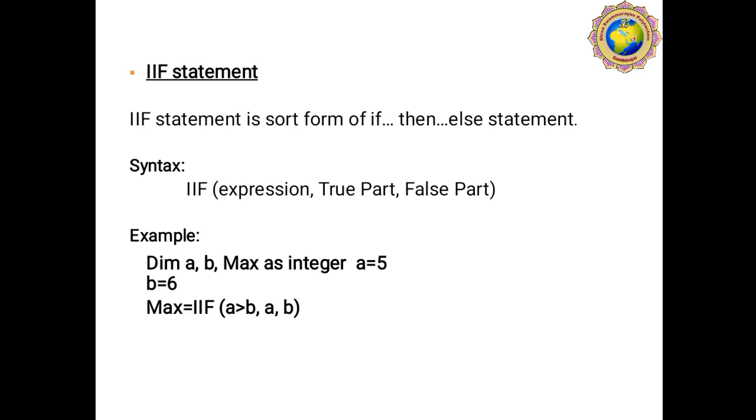So here Dim variables a and b, and max as an integer, a is equal to 5, b is equal to 5, and max is equal to IIF with a condition. This is our expression, this is the true part and this is the false part. So a greater than b is our expression part, a is our true part, b is our false part. This is how the IIF statement is used.